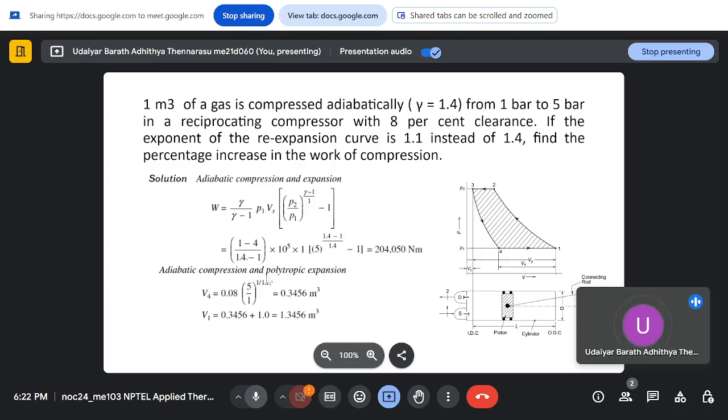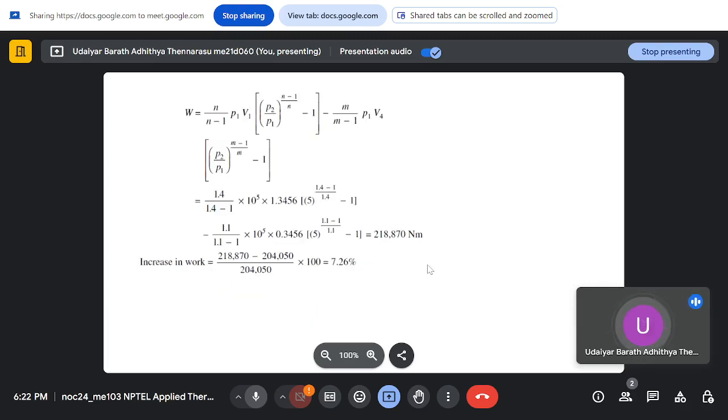So with this, now we can find out what is the actual work we are getting. This is the work for adiabatic compression, and then adiabatic expansion is giving away work, so that will be reduced. Substituting, the formula will be the same, just the n values will change. Substituting the pressure and volume values, you will get 218.87 kilonewton meter.